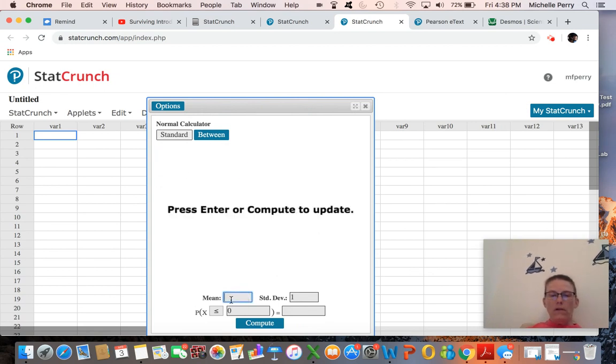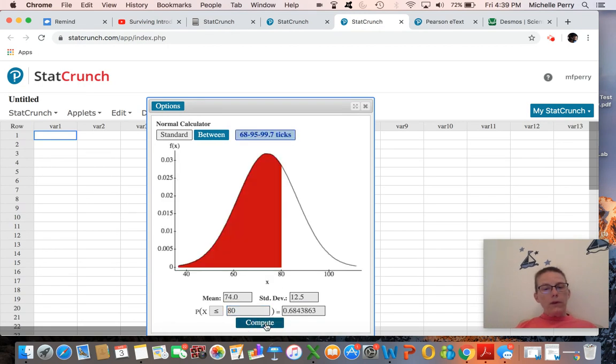We're going to insert our mean, which in this case was 74, our standard deviation value, which was 12.5, and then this particular problem was asking us for a probability that her pulse rate is less than 80 beats per minute. So we're going to use less than or equal to 80, and then we compute.